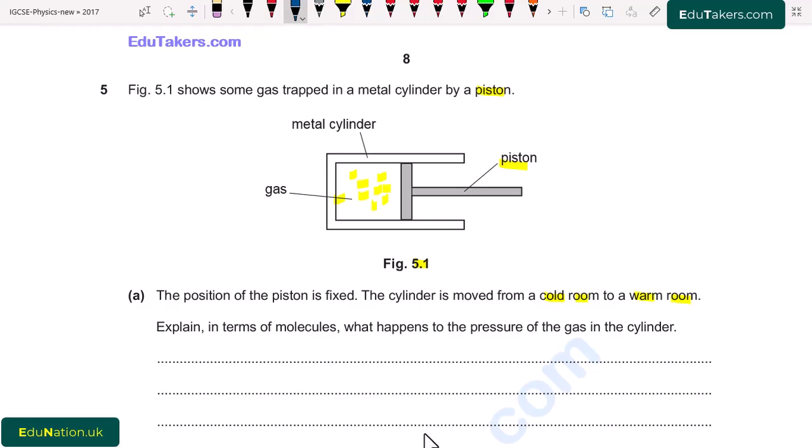So we can see from here that the cylinder is moved from a cooled room to a warm room. I write here: cooled room to warm room. It means that the temperature of the cooled room is lower and the temperature of the warm room is higher. So we can simply say that when the cylinder moves, the temperature increases.